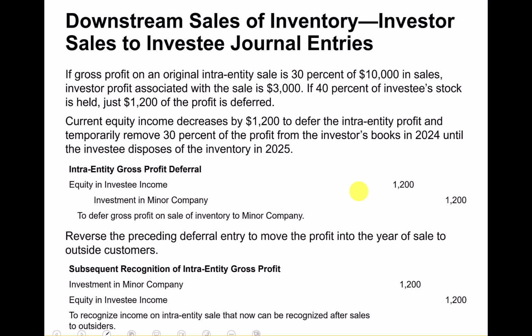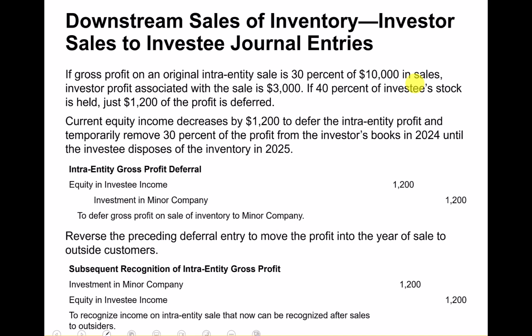Okay. So again, the profit is 3,000. Not all of it can be reported. 40% of it has to be deferred until all 10,000 sold to the investee is sold by the investee.